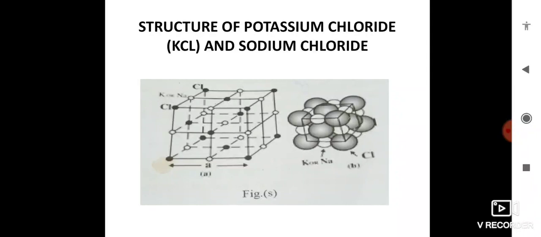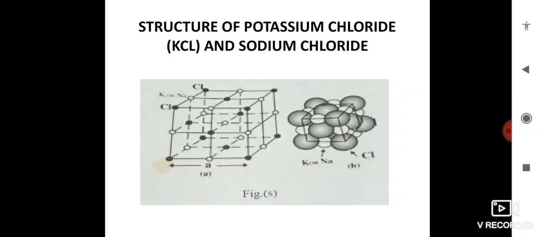Then take the interplanar spacing: d100 is to d110 is to d111 equals 1 is to 1 by root 2 is to 1 by root 3, which equals 1 is to 0.707 is to 0.577.